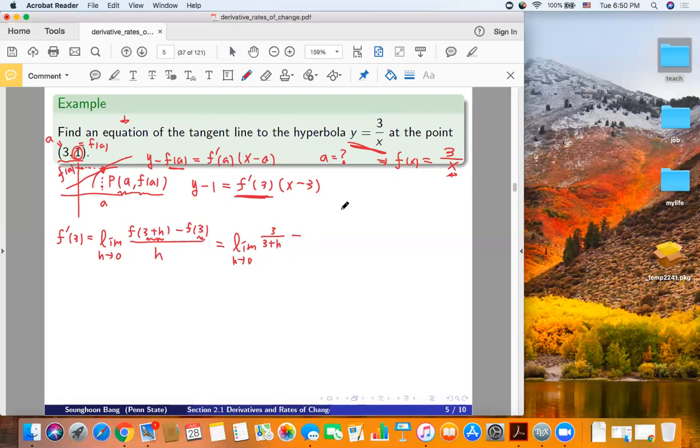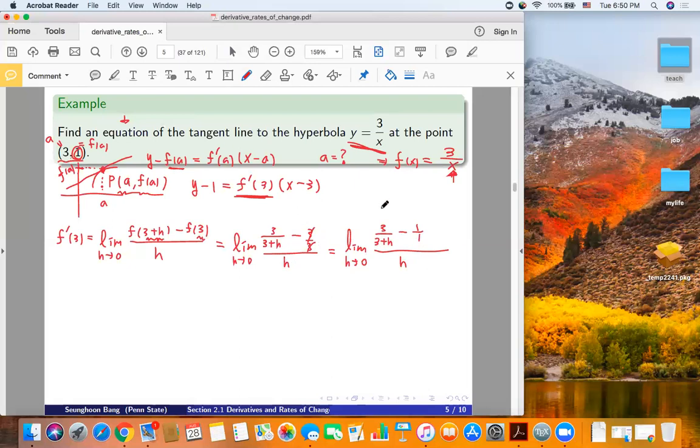You plug 3 into x again, 3 over 3, over h. So this is the same as the limit as h approaches 0 of, first one, 3 over 3 plus h minus, 3 over 3 crossed out, just 1, over h.